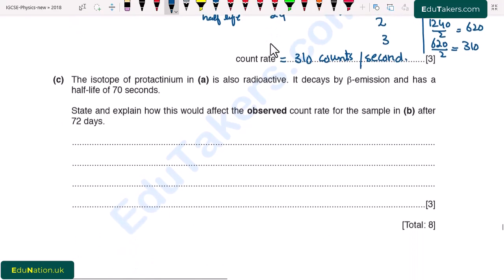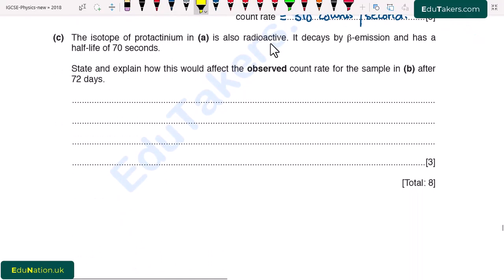Part C. The isotope of protactinium in part A is also radioactive. It decays by beta emission and has a half-life of 70 seconds. State and explain how this would affect the observed count rate for the sample in part B after 72 days.